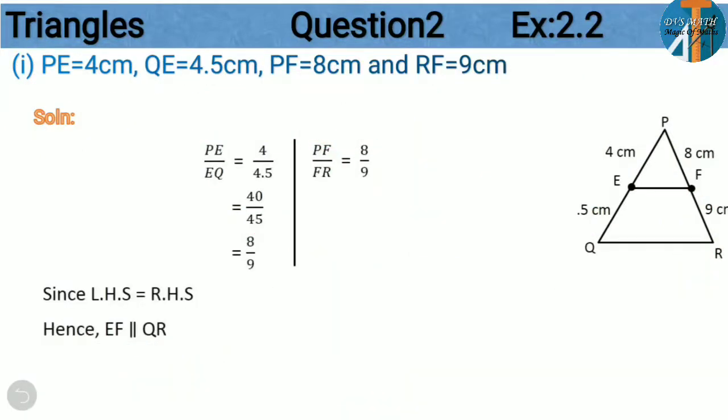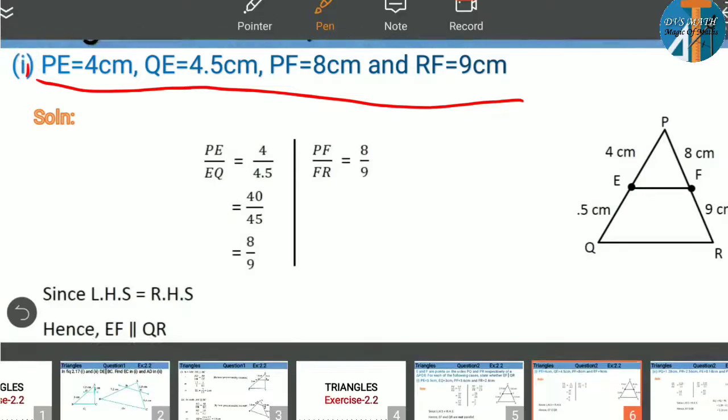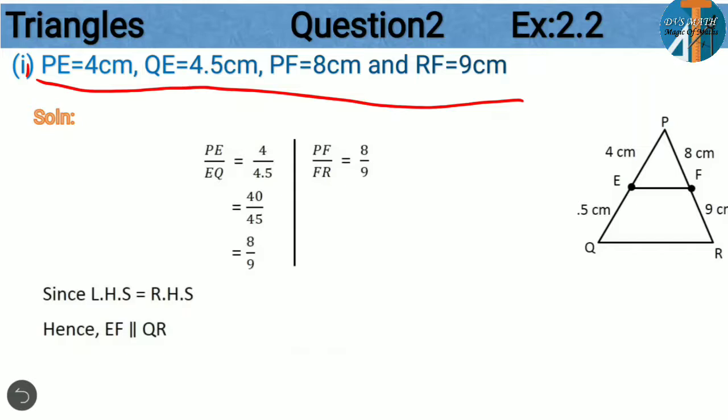Here they give other measurements for the second one: PE is equal to 4 cm, QE is equal to 4.5 cm, PF is equal to 8 cm, and RF is equal to 9 cm.